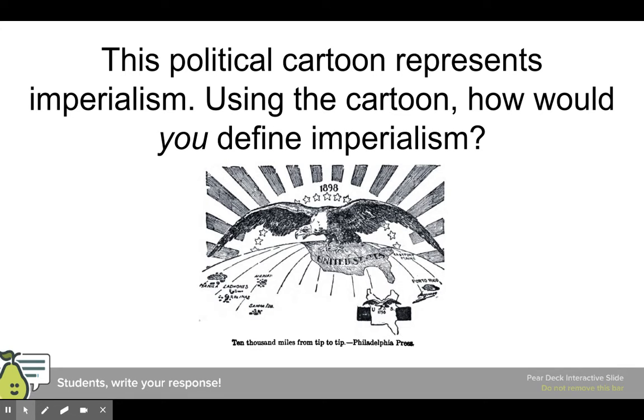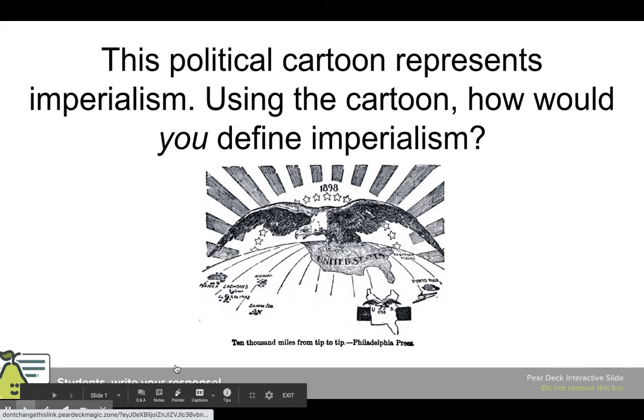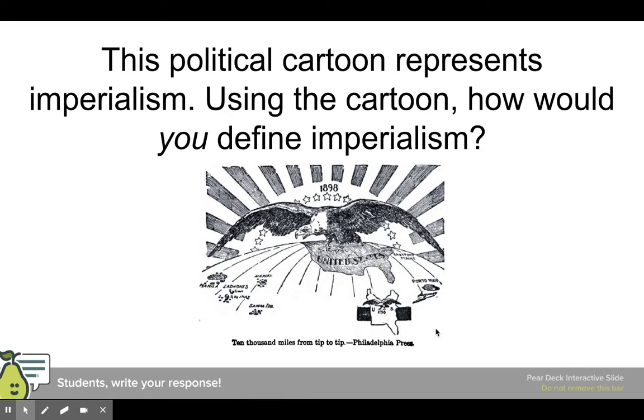Okay. You don't have to write this down. I know it says write your responses right here, but don't worry about that. I just want you to look at this political cartoon. If I gave you this political cartoon and you didn't know anything about imperialism, you would be able to figure out sort of what imperialism means.